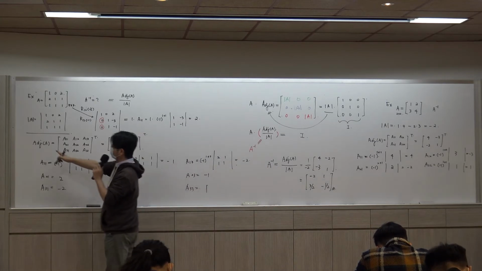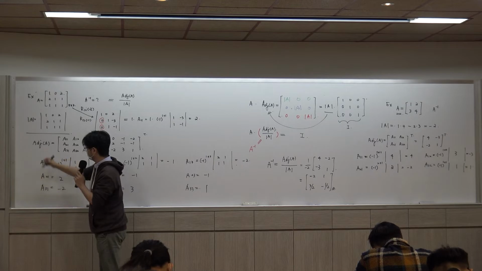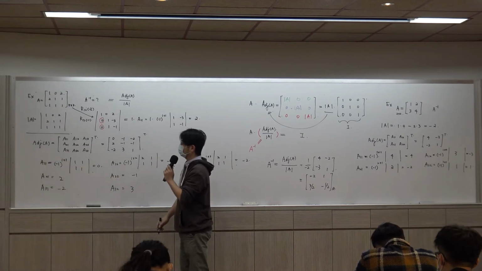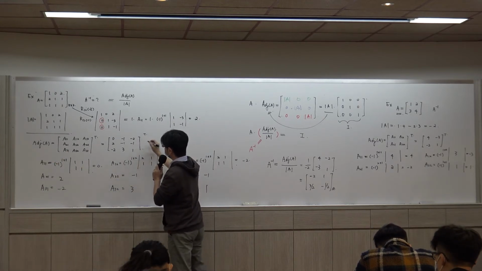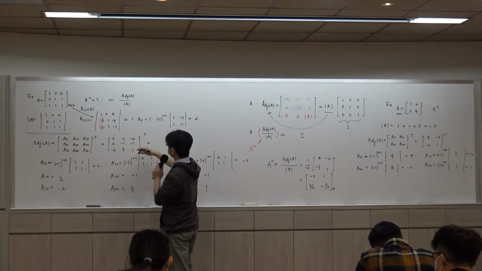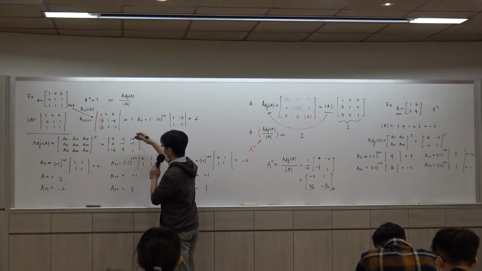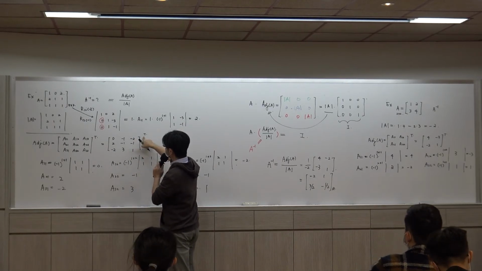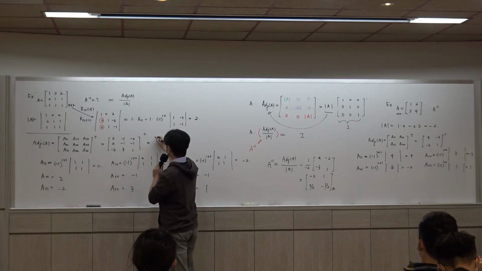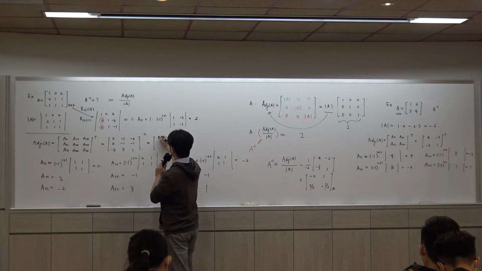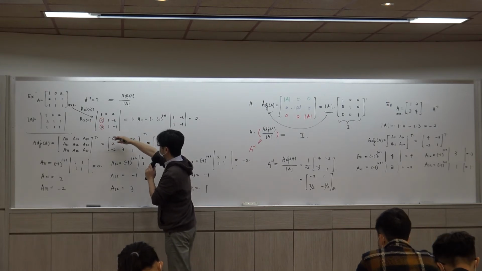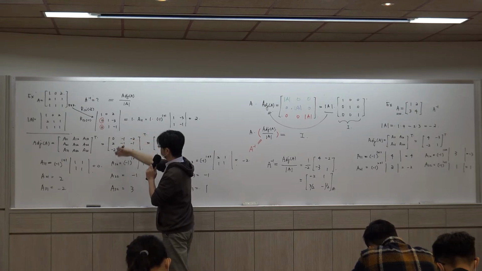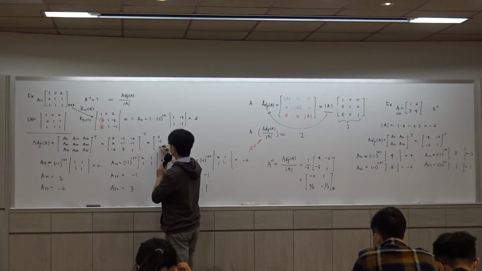The adjoint matrix A is a matrix, it's not a determinant. So the row and the column are changed in the transpose operation. So the first row will become the first column.